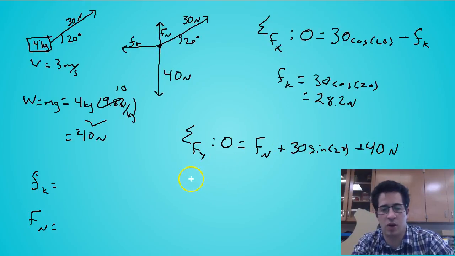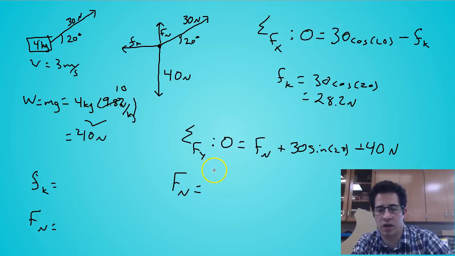Okay, so we'd say the normal force is equal to, with a little bit of algebra, 40 newtons minus 30 times sine of 20.